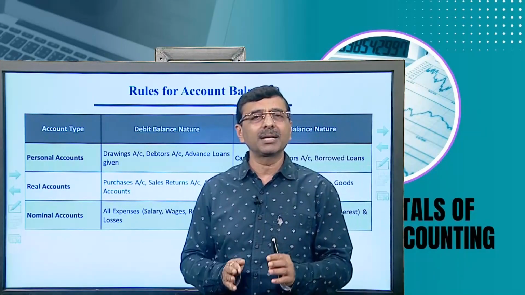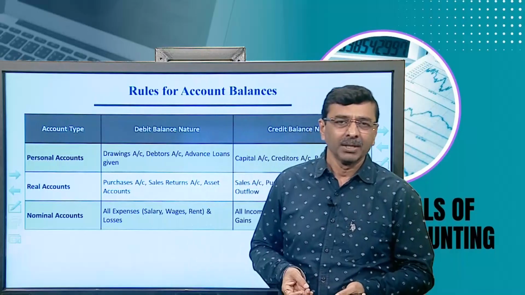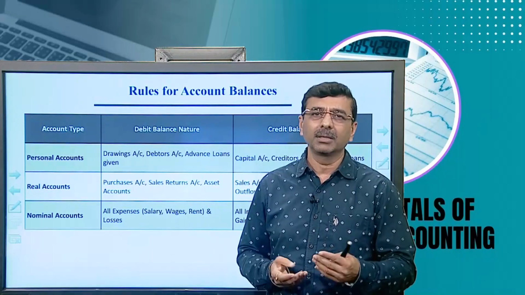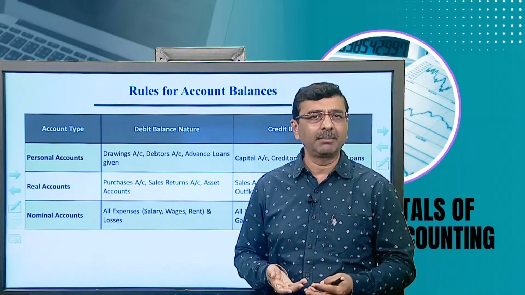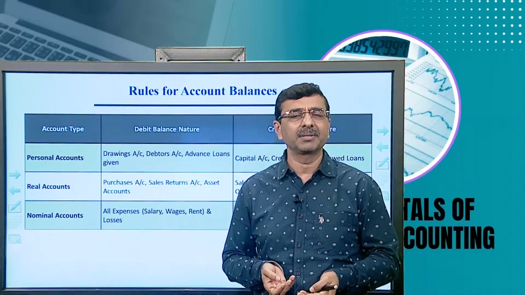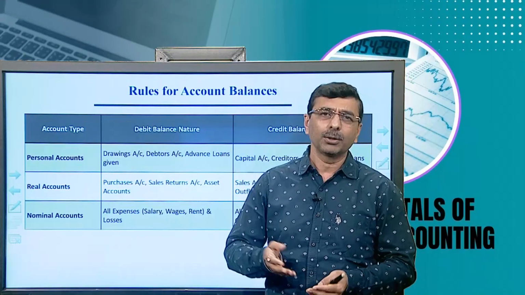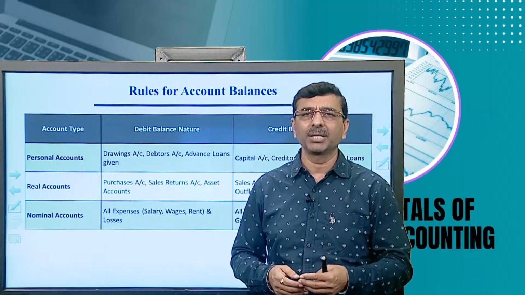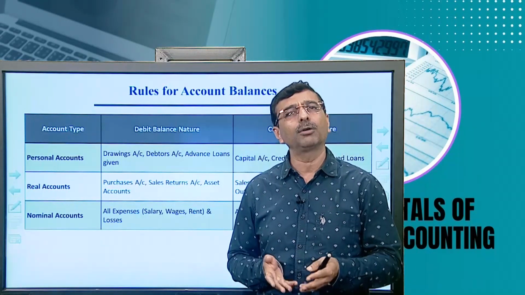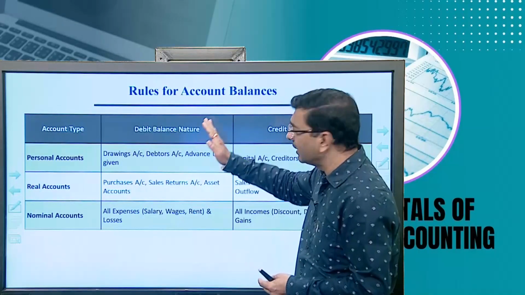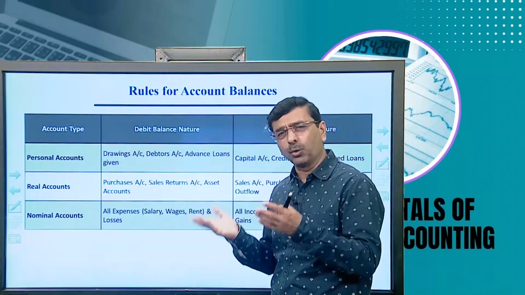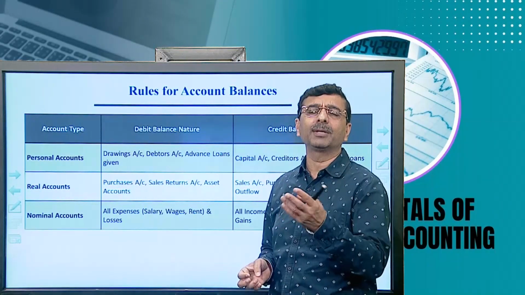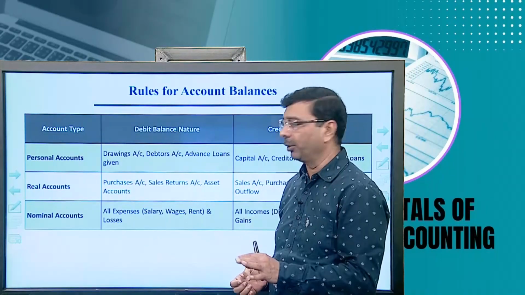All expenses are always debit. Salary is an expense, it is debit; rent is an expense, it is debit. So most of the expenses are always debit. Reverse, all incomes, if you received dividend, interest income, commission received, etc., all incomes are always a credit balance. These are considered rules because it always happens that way only, right.